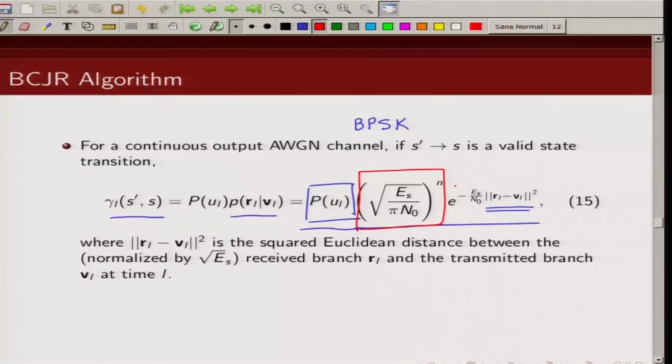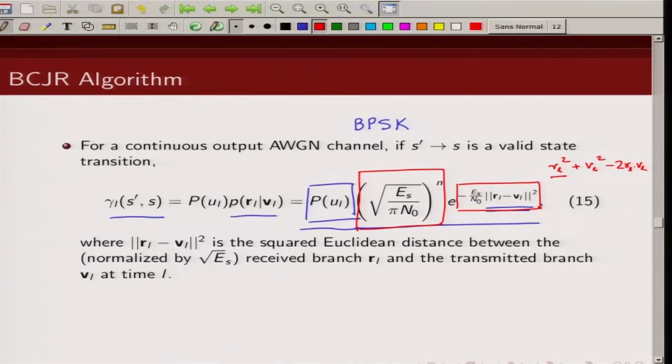And if you look at this particular term, here there is an R L square term, there is a V L square term, and then there is a minus 2 R L V L term.